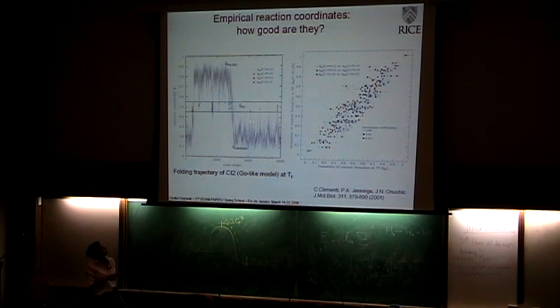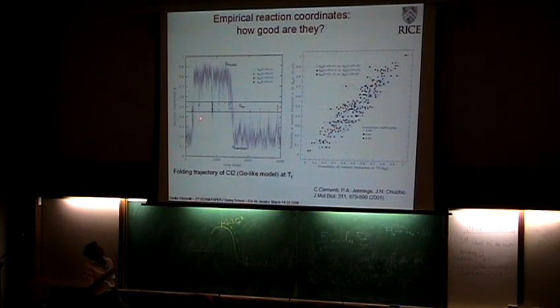We pick the top of the barrier and we look at all the configurations that fall in this region. These are good candidates for the transition state, because this corresponds to the top of the barrier.